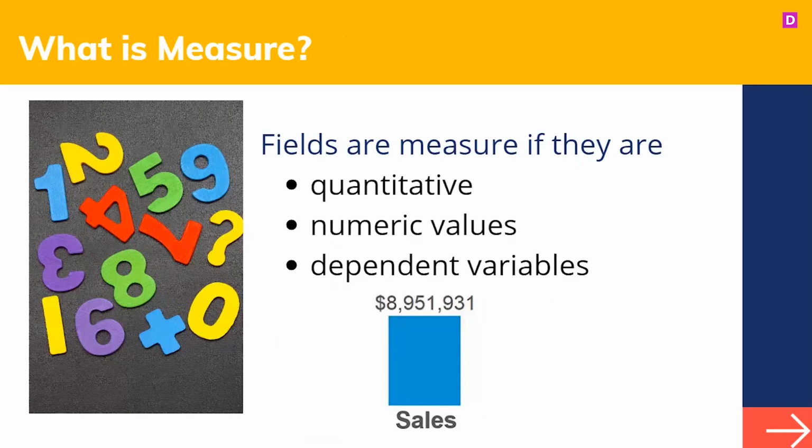But when it comes to a measure, you will specify the correct value that is associated with every field. If I say total sales, it is going to be one value, and that value will be a numeric value. Whenever any field has this kind of definition, you call the corresponding field a measure.